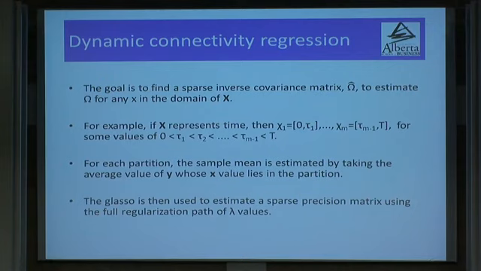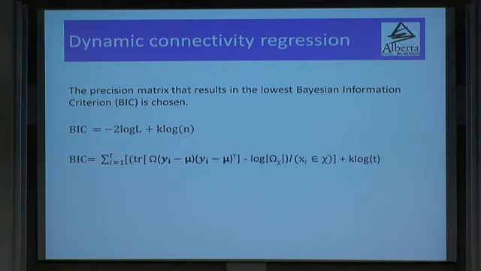And then we're going to use the Glasso to estimate a sparse precision matrix using a full path of lambda values. So we're going to estimate a graph for various lambda values, and we're going to pick the sparsity, or the value of lambda, based on the BIC. Okay, just the normal BIC.